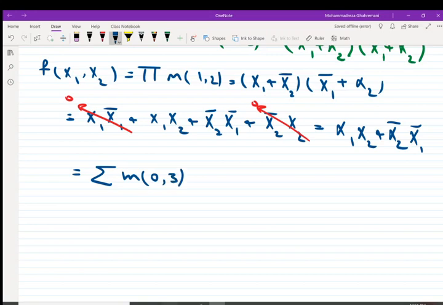Okay, so it's exactly same as sum of product.